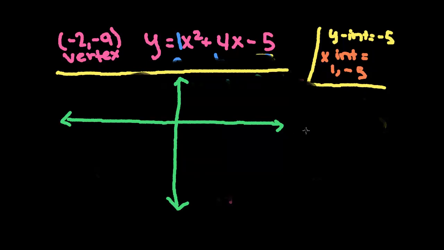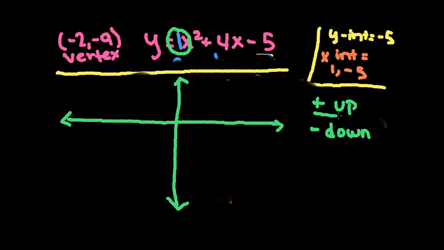Now, one other thing to note is whether or not our parabola is opening up or down. If the number in front of the x squared is positive, it's going to open up. And if it's negative, it's going to open down.